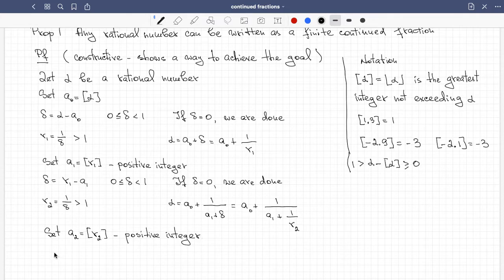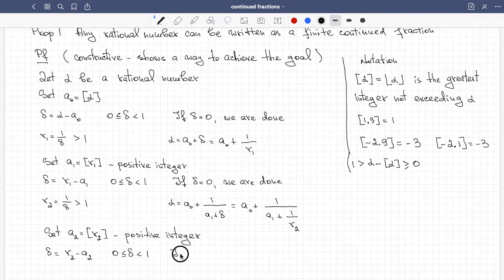We again introduce a new delta, which is the difference, and that is again by the same token between 1 and 0.